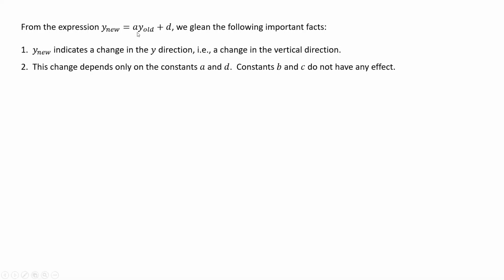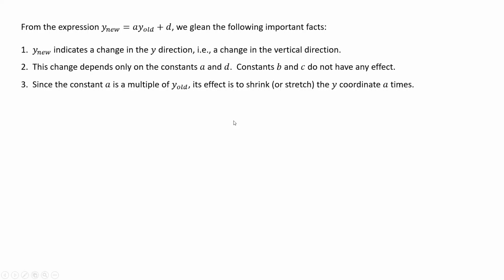And again, we can clearly see that only A and D impact the y. B and C have absolutely no effect on changes in the vertical direction to the original graph.